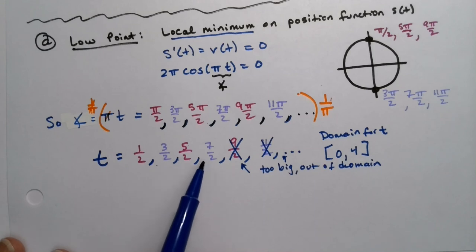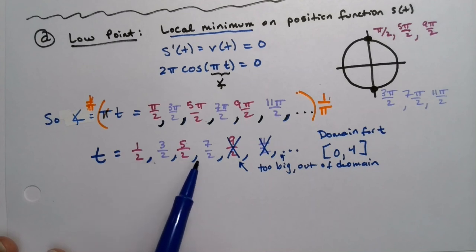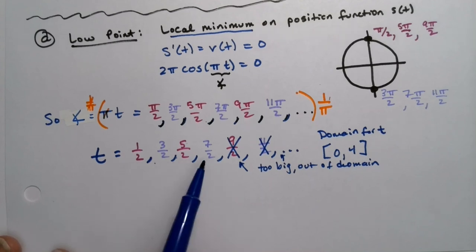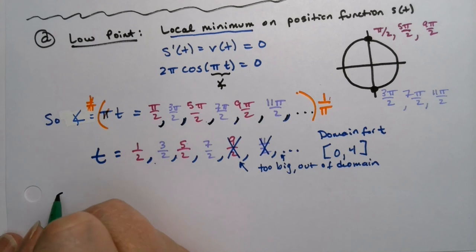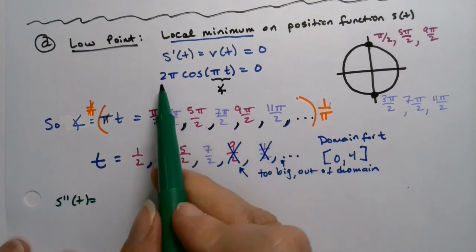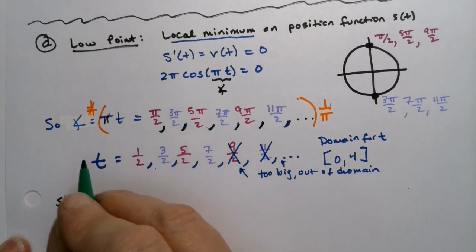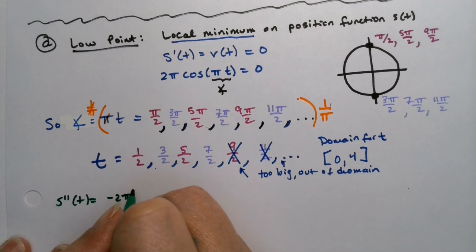Or do they? Well, local critical points happen at these 4 values, but we need to know if they're minimums or maximums. And the easiest way to do that is to take the second derivative. S double prime, the second derivative of t, is equal to, well, let's see, if that's S prime of t, then S double prime would be negative 2 pi squared times the sine of pi t.